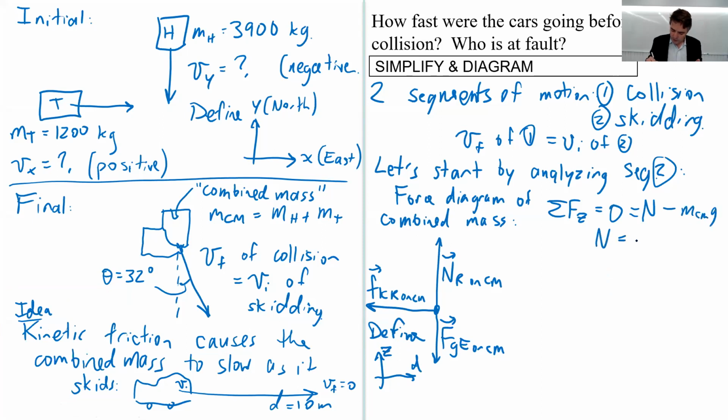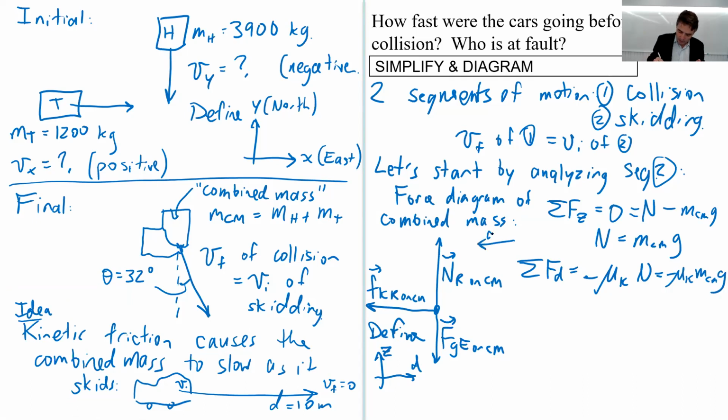So the normal force is equal to the combined mass times g. The sum of the forces in this diagonal direction, d, is equal to negative mu sub k times N, which is negative mu sub k times m_cm times g. So it's going to be accelerating towards the left.